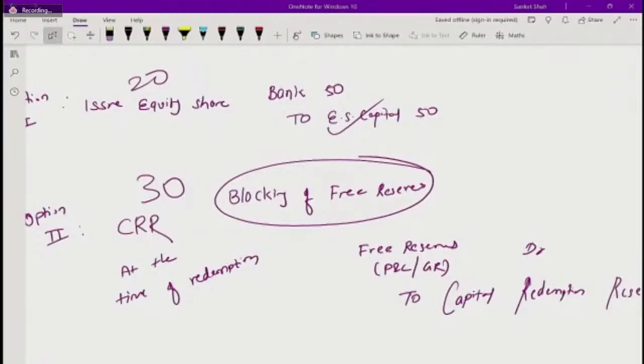So bank account debit to equity share capital, and free reserve account debit to CRR. In capital structure, though it is a part of reserve and surplus, it is a specific reserve. That's why we are considering it.